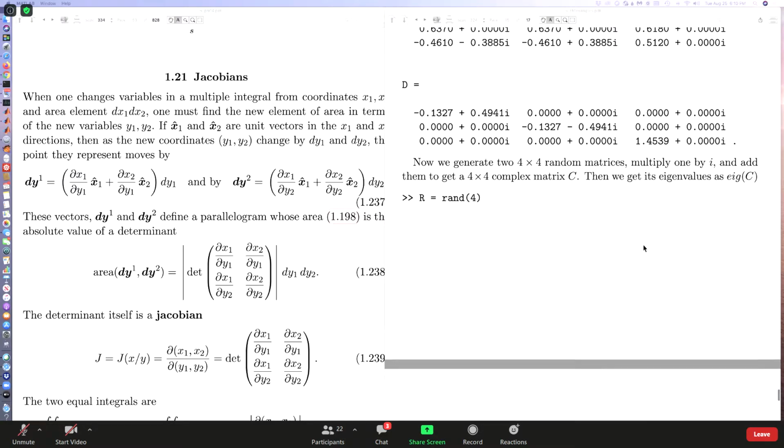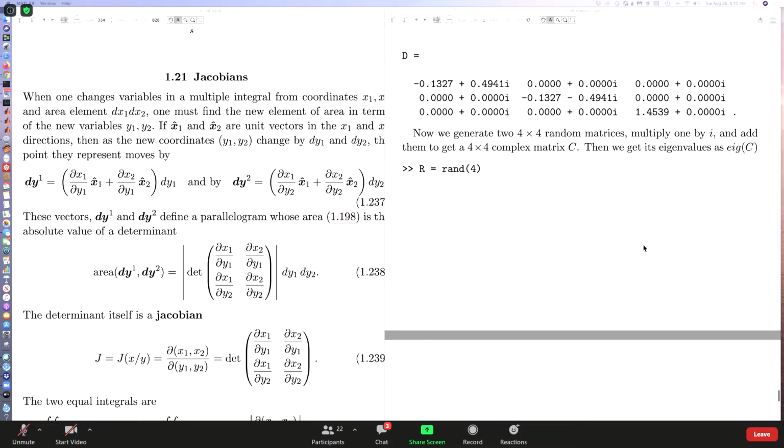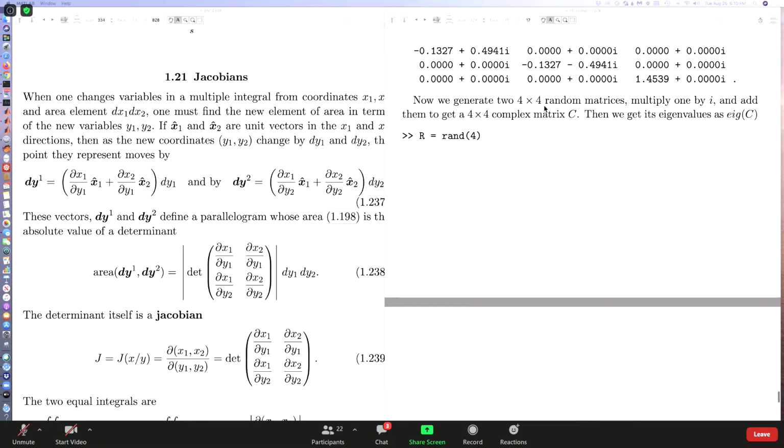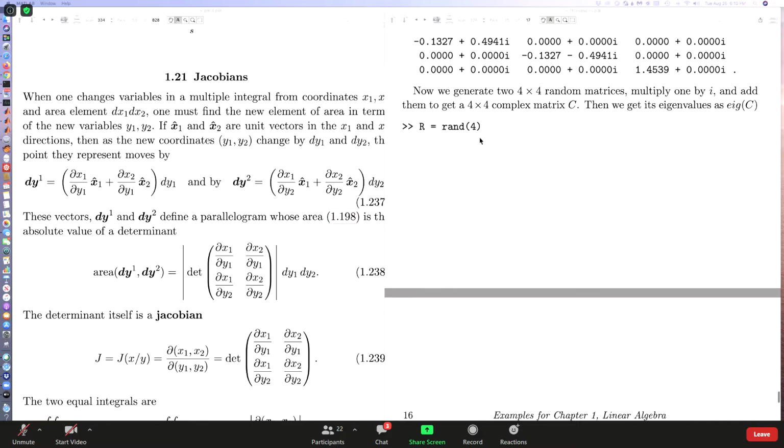So let's do another example here. Let's generate two 4x4 matrices, multiply one by i, and add them together to get a 4x4 complex matrix C. We can then get its eigenvalues as eig of C. So R is equal to rand of 4.